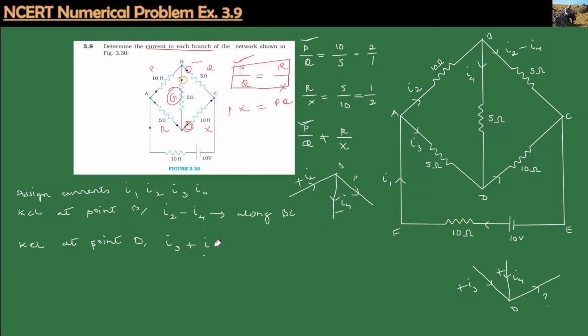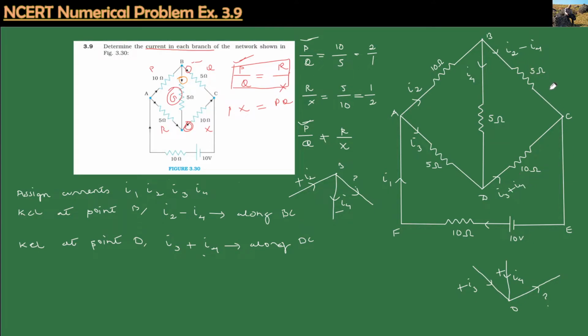So this will be the current along branch DC. Let us write this current over here. This current will be I3 plus I4.